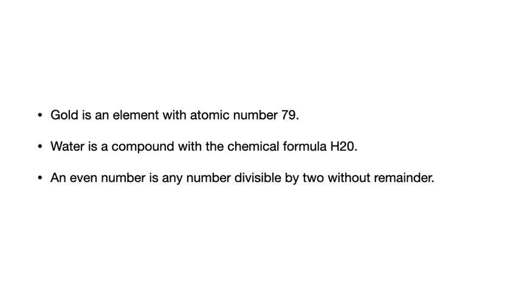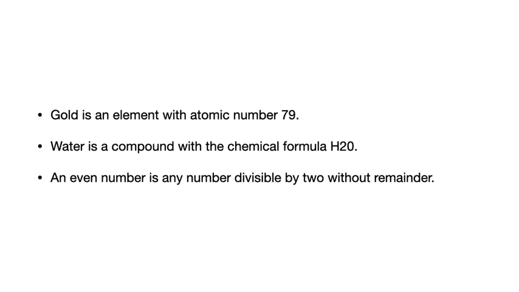Being an atomic number 79 element is a sufficient condition for being gold. They're also necessary conditions. If you were putting this in ordinary English, you might say only gold is an element with atomic number 79, and only an atomic number 79 element is gold.